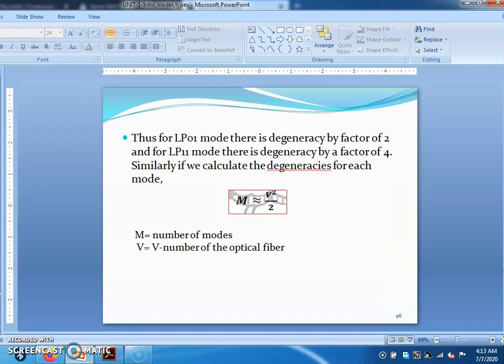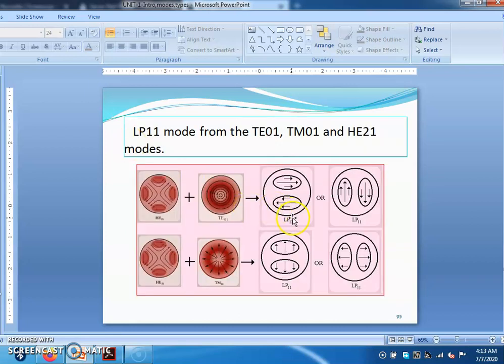Then for LP01 mode, there is a degeneracy by a factor of 2. And for LP11 mode, there is a degeneracy by a factor of 4. So for LP11 mode, this is 1, this is another one, this is 1, this is 1.